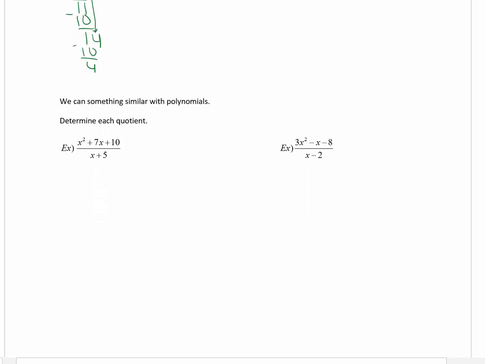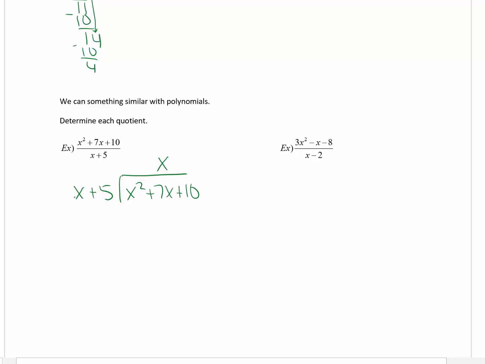Okay, so let's determine each quotient. So I'll put the numerator inside. I'll put my denominator on the outside. Okay, so what do I multiply this leading term by to get this leading term here? Well, that's x, because x times x is x squared.